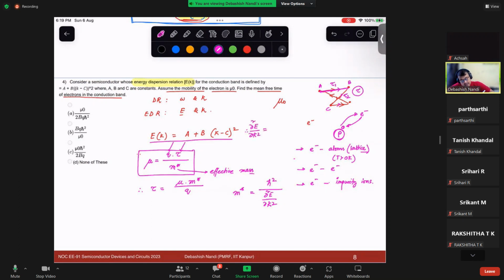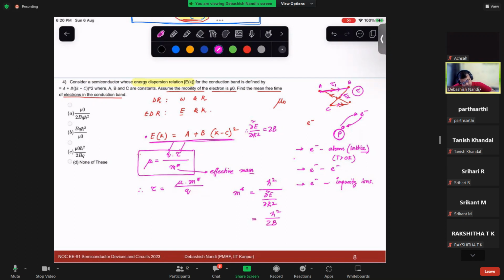Can anyone tell me, if you double differentiate this relation, what you will get for del squared E by del k squared? It will have 2b, right? Because the independent variable with respect to which I am differentiating is k only. So this will be h bar squared by 2b.